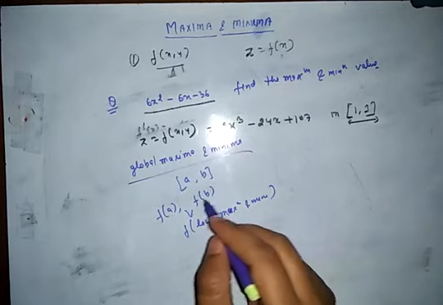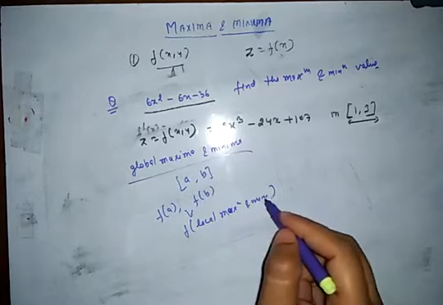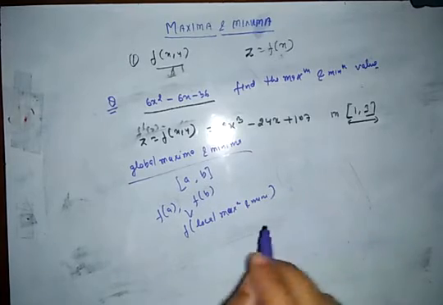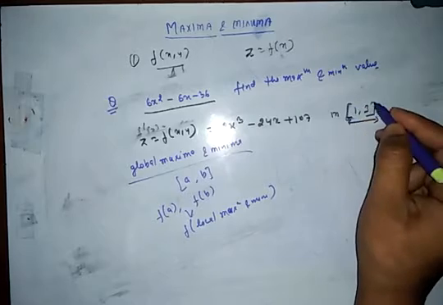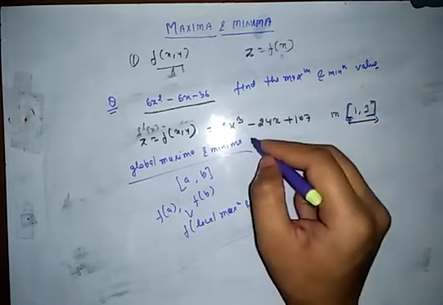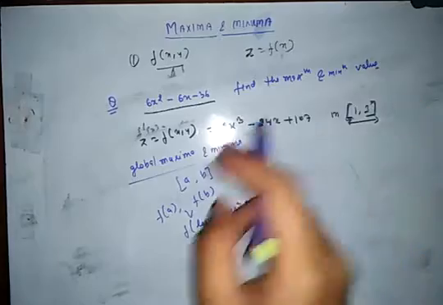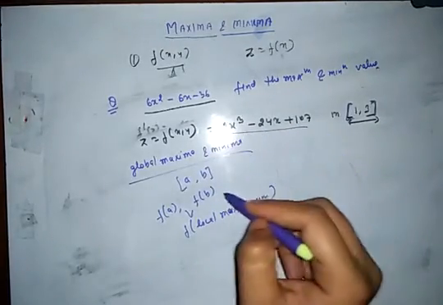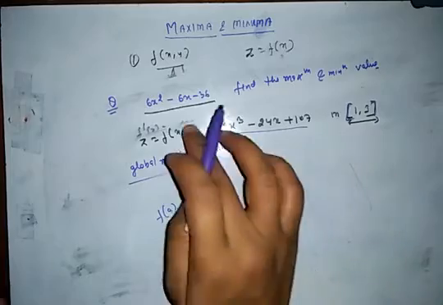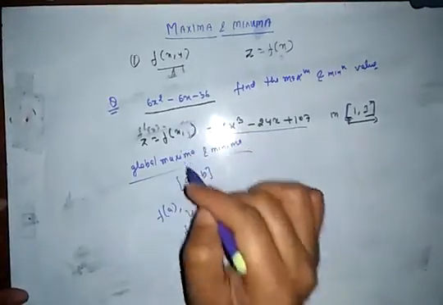The greater one is called the maximum, and the least one is called the minimum. Here the same conditions, range is given, 1 and 3. We first find the stationary points. This function is a single variable function, so we are taking only single variable functions.